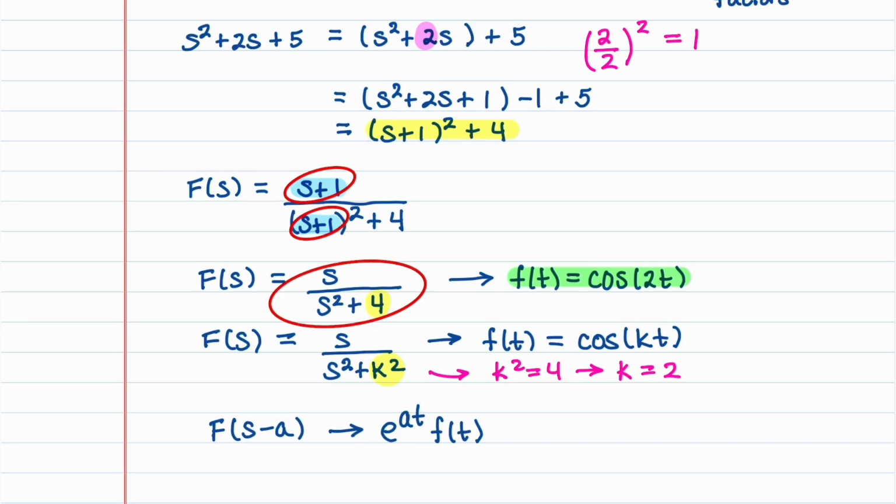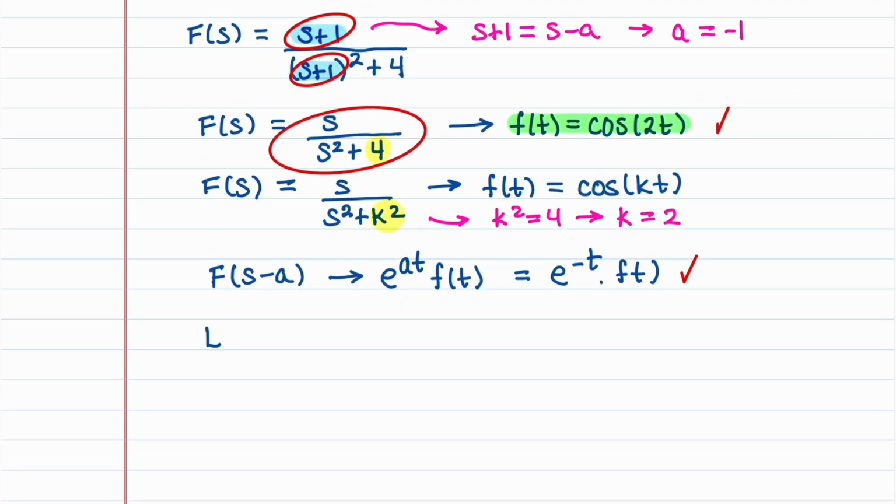Let's go back up to where we have the s plus 1s, and we're going to set s plus 1 equal to s minus a, so we know that a is equal to negative 1. So going down here to the bottom, this becomes e to the at, which is now minus t, times f of t. Now all we have to do is combine this answer with this answer.